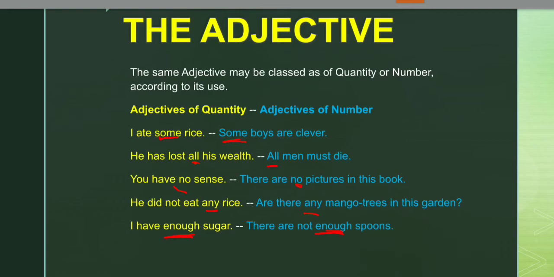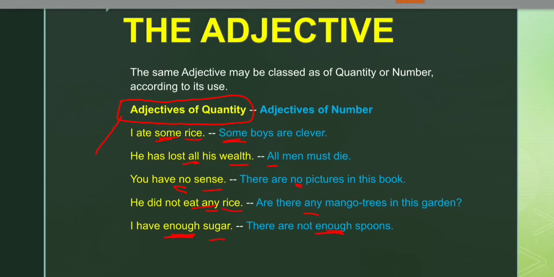Okay, now all of you have observed in the adjective of quantity, the same adjectives like some, all, no, any, and enough, after them you may see nouns which are uncountable. Which are what? Uncountable.